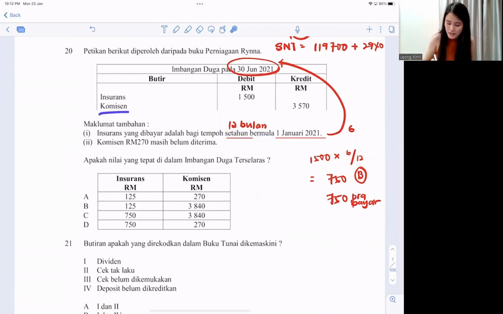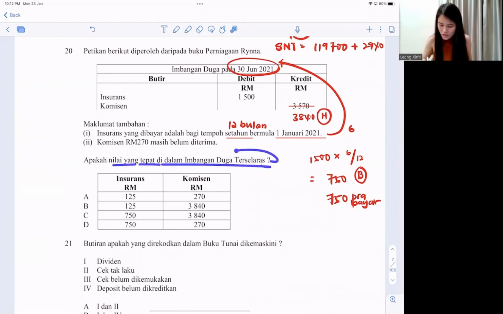Okay, then more for commission. 270 masih belum diterima. If I already received, it should be shown inside the imbangan juga, but they say never. So that's why I have to add in 3570 plus 270 is 3840 for commission. Okay, so our answer, apakah nilai yang tepat dalam imbangan juga terselaras?